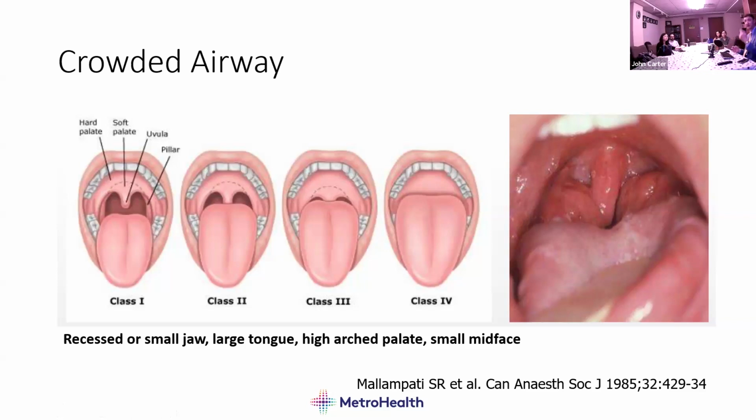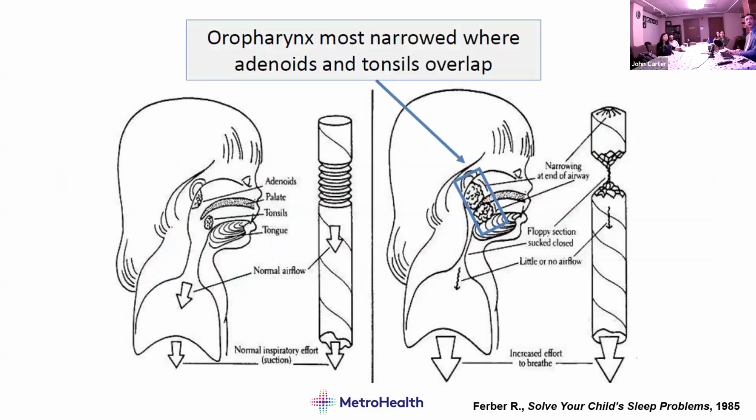If there is a problem, it's a pair of big old tonsils. In kids, the point of maximal narrowing in the pharyngeal space is where the adenoids and the tonsils overlap in this dimension.